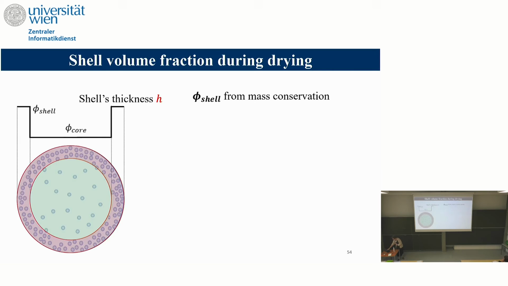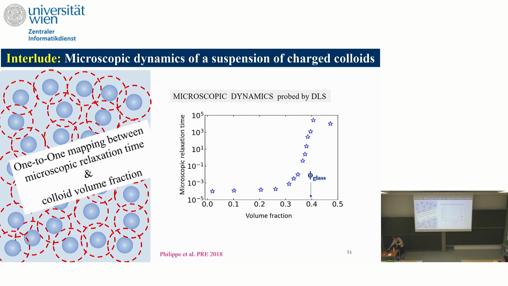I go back. If you look at this here, you have the real radius of your particles, diameter 25 nanometers, but then you have this red part, which is the fact that they are soft because they are charged, and you have an effective radius, which takes into account this repulsive potential.